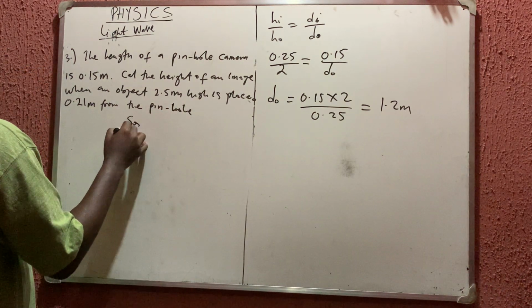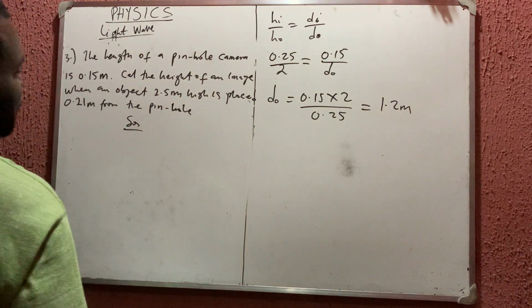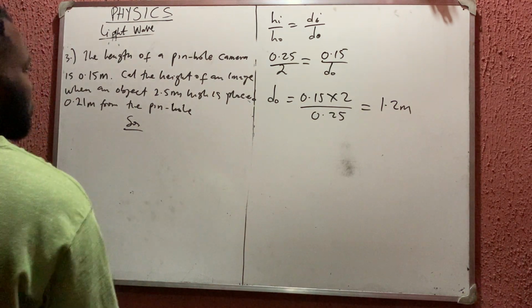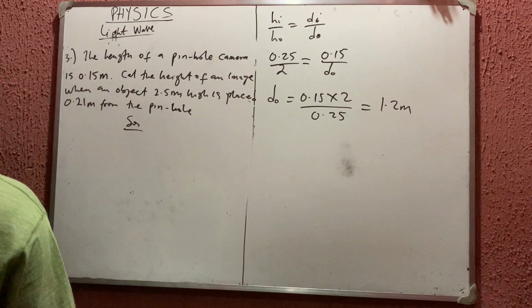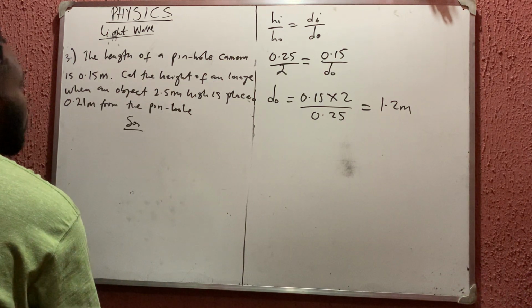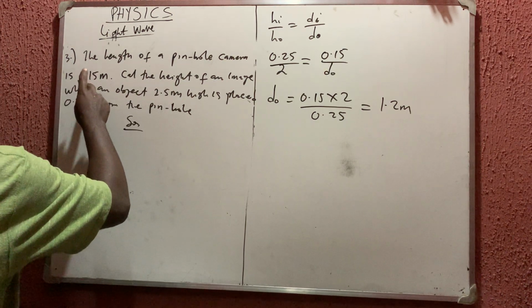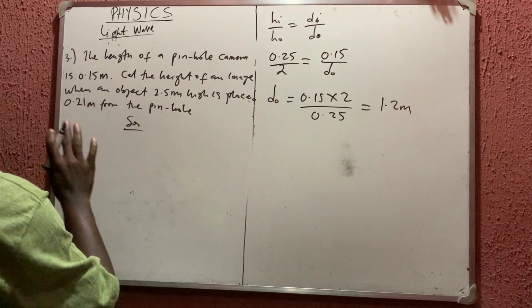Now, solution. They say we should calculate the height of the image. If you don't know what the length of the pinhole means, fashion it out by image and object and look for the rest.